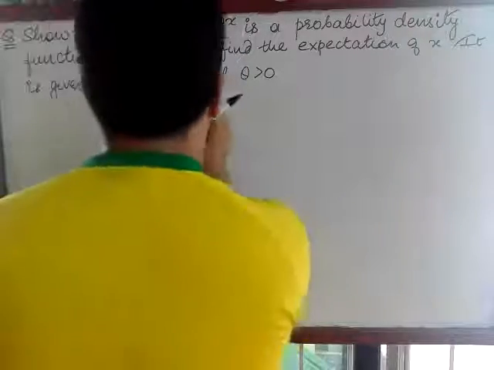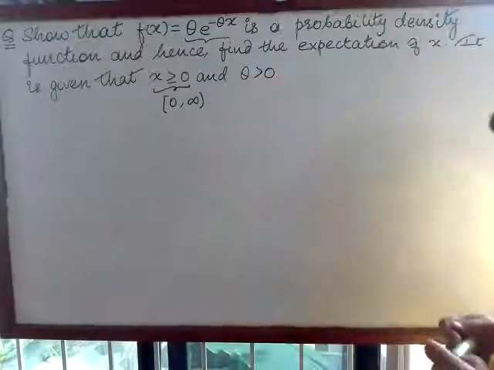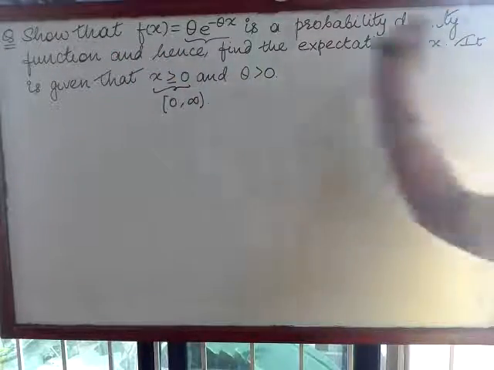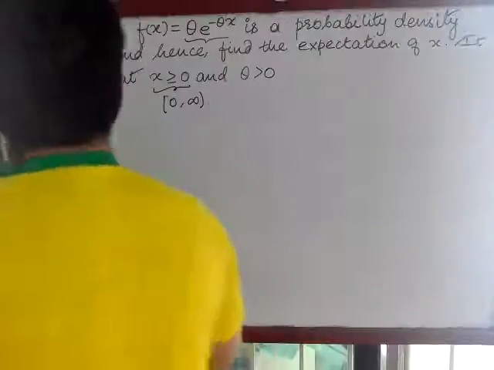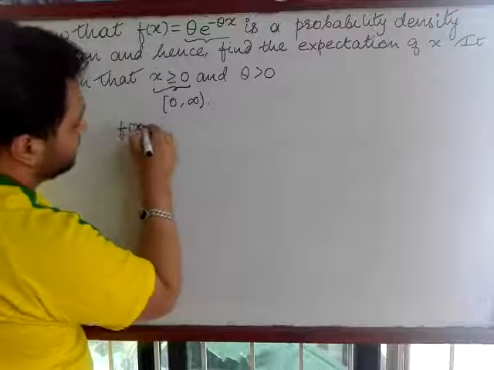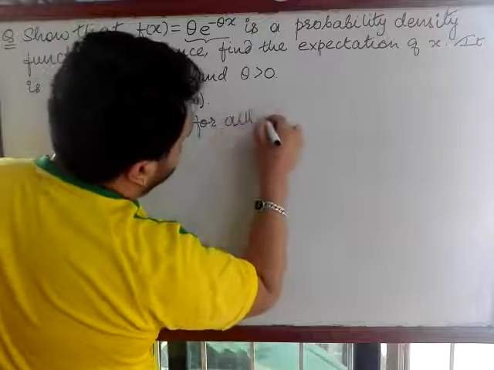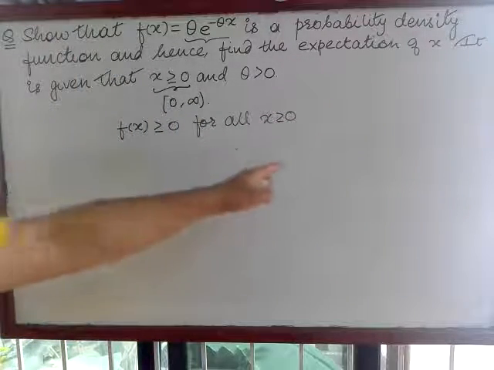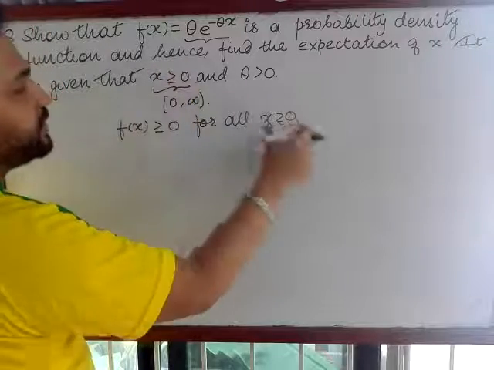In such a case, for f to be a probability density function, first we need to have f(x) greater than or equal to 0 for all x greater than or equal to 0, since the domain is x greater than or equal to 0.